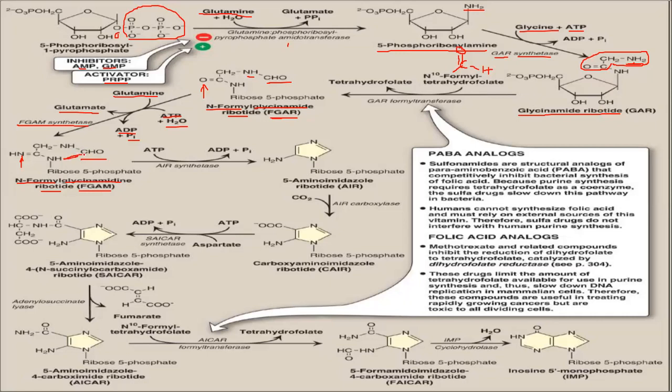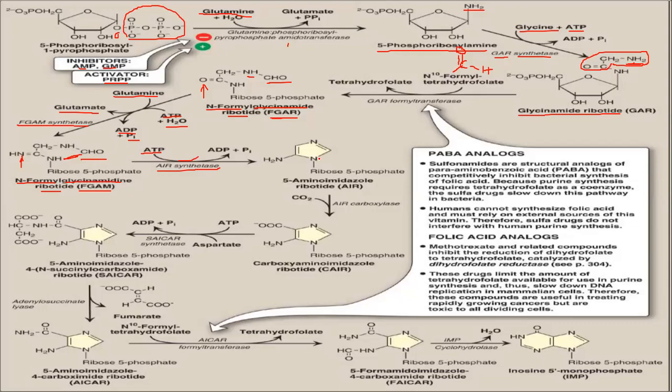This reaction is catalyzed by an enzyme known as 5-aminoimidazole ribonucleotide synthetase. Because you can see we are putting in ATP, which is hydrolyzed. In fact, I think some water is lost, if I'm not wrong. And you can see this ring here that we are forming.